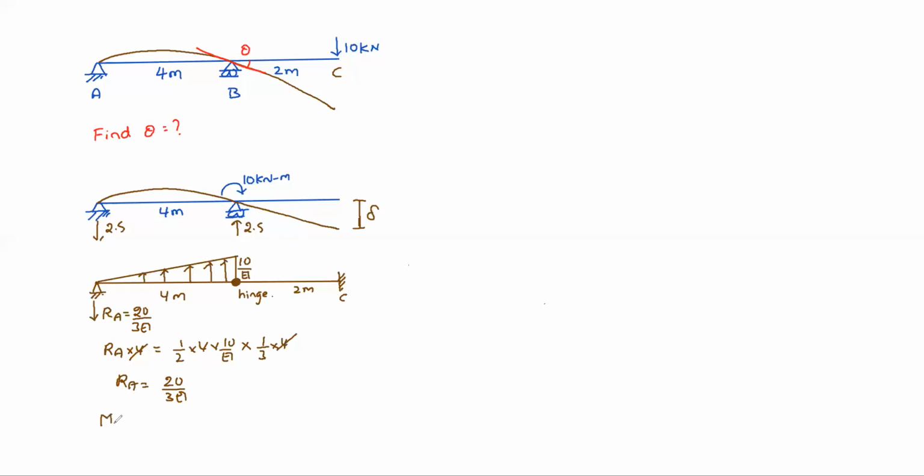So M at C in conjugate beam, bending moment at C equal to 20 by 3 into 6 anti-clockwise. Let us take negative, plus half into 4 into 10 by EA into 2 plus 1/3 of 4, equal to minus 120 by 3 plus 20 into 2 plus 4 by 3.